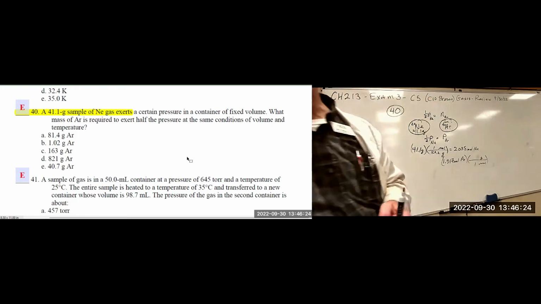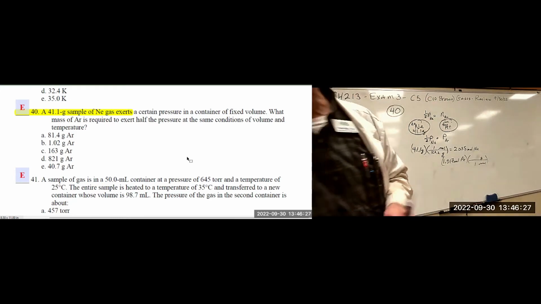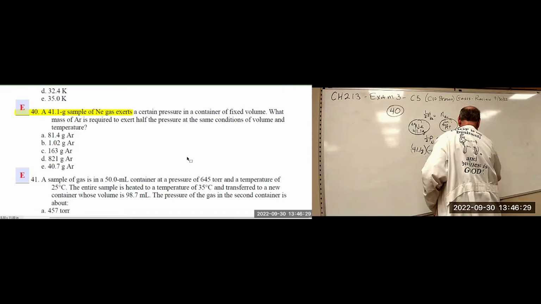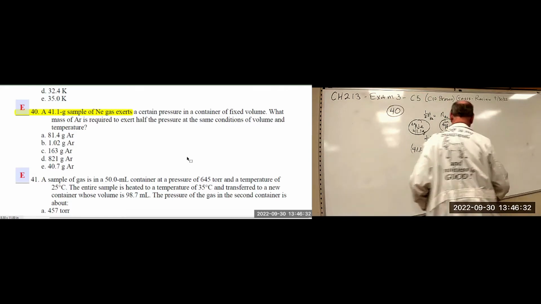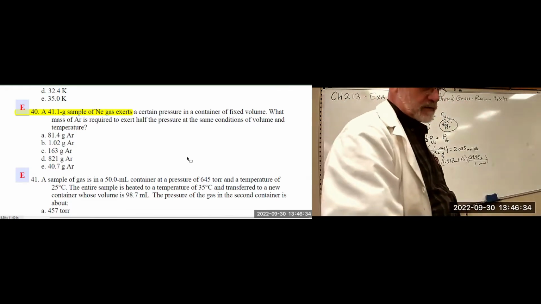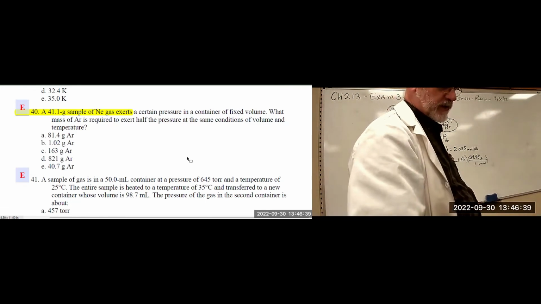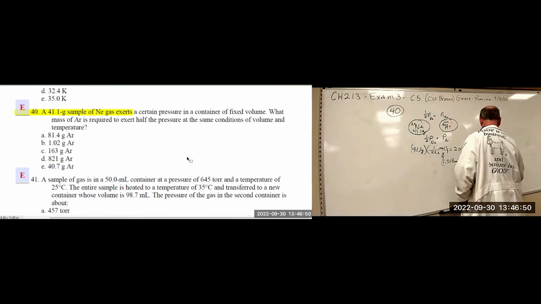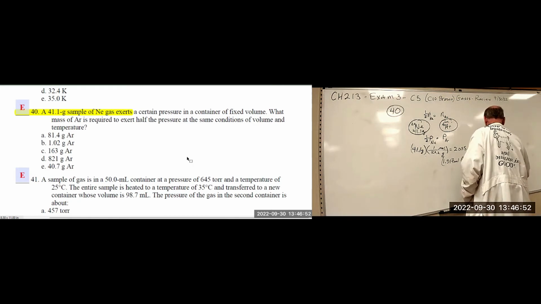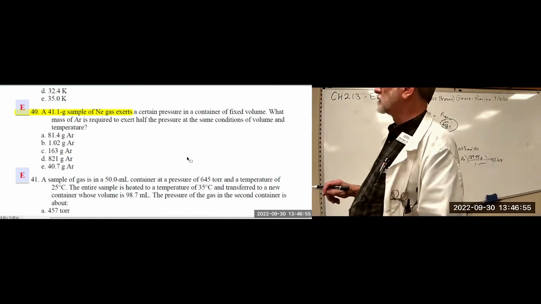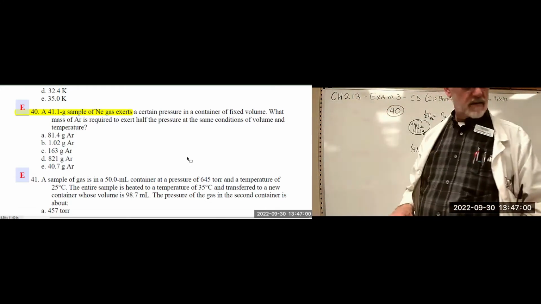Let's get an exact value this time. Argon is 39.95 times 1.017, 40.6 grams. Close. The best answer would be E.